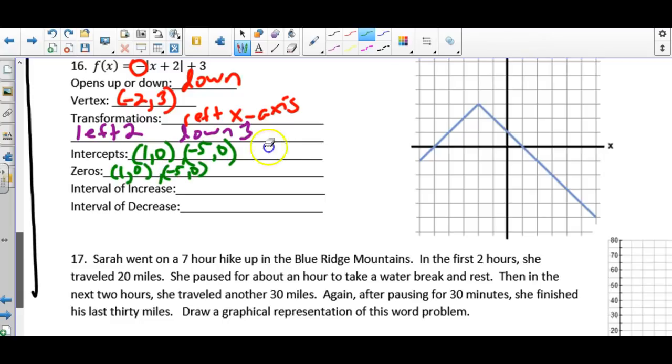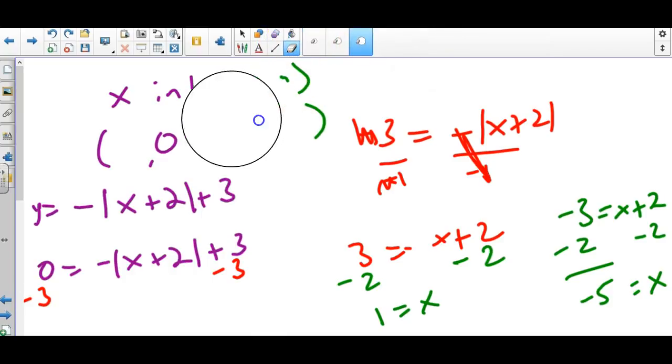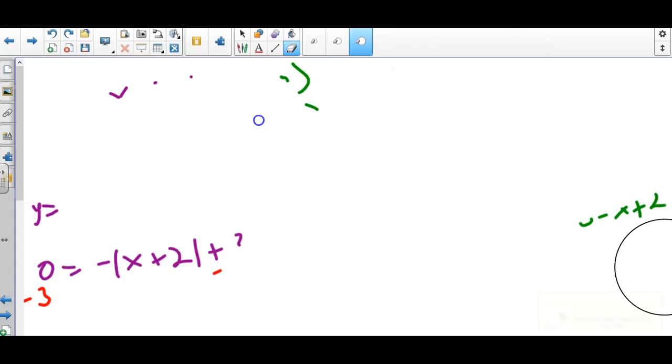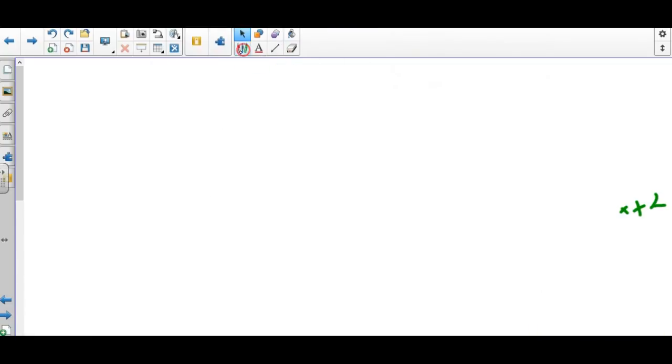Now we just have to find our y-intercept. To find my y-intercept, guys, all I've got to do is make the x value 0. So again, for your y-intercept, your x is 0.